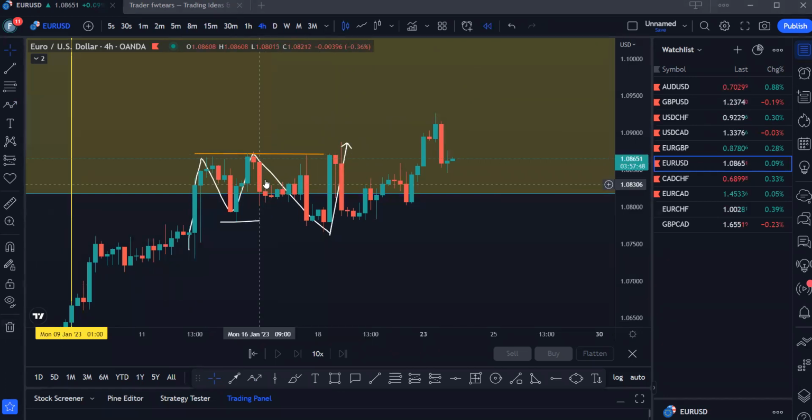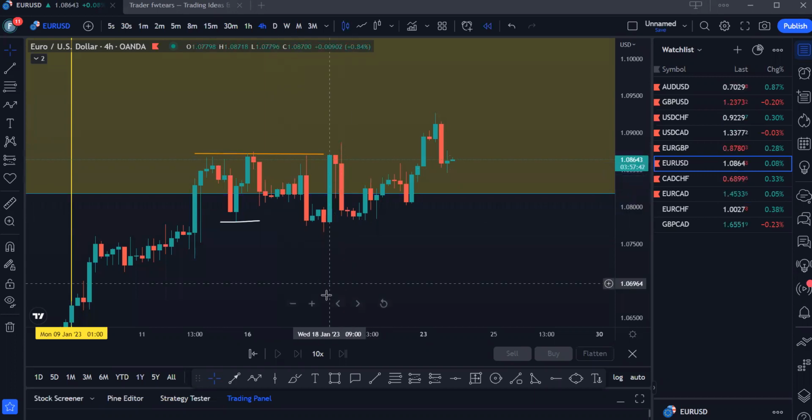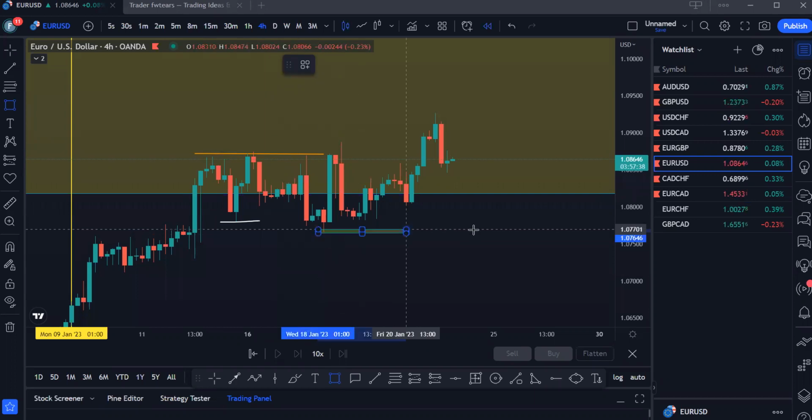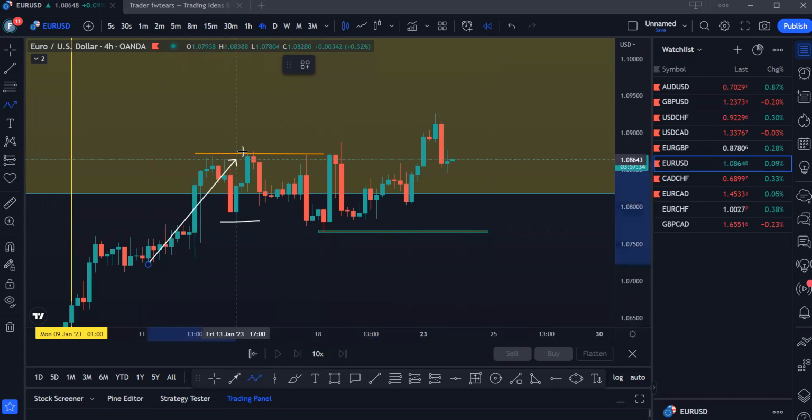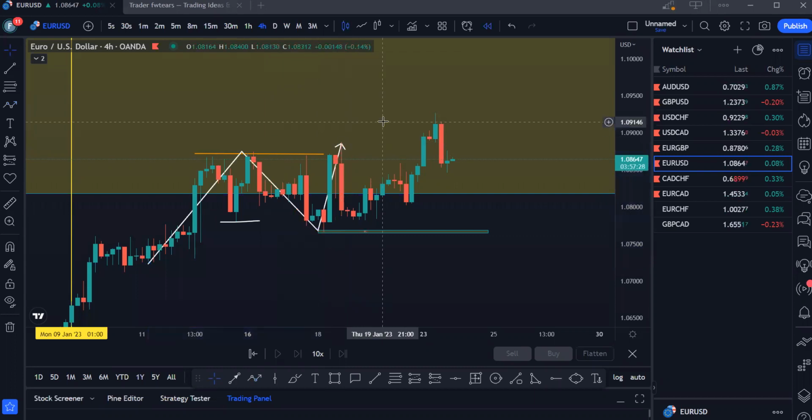In this case, what you'll be waiting for is for price to break this higher low here. Okay, because if you check it out, this is a structure right here, impulse, correction here. So for you to start looking for possible sales on 4 hours, you need price to break this higher low.